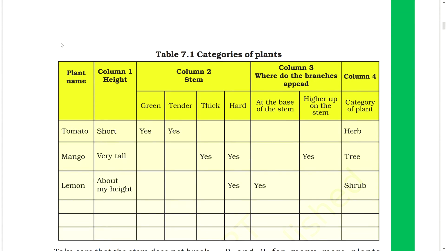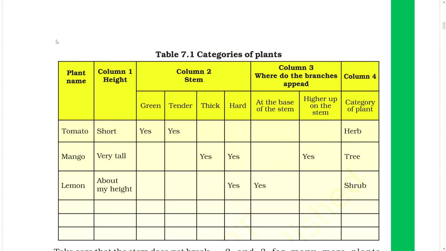Table. Categories of plant. Plant name. Column 1 height, column 2 stem, column 3 where do the branches appear, column 4 category of plant. Tomato: short, green and tender, yes, herb. Mango: very tall, hard and thick, yes, higher up on the stem, tree.